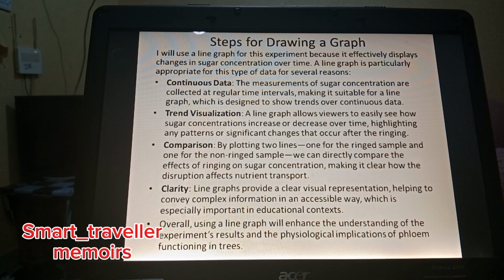Clarity: line graphs provide a clear visual representation, helping to convey complex information in an accessible way, which is especially important in educational contexts. Overall, using a line graph will enhance the understanding of the experiment's results and the physiological implications of phloem functioning in trees.